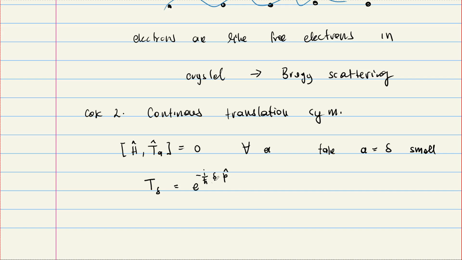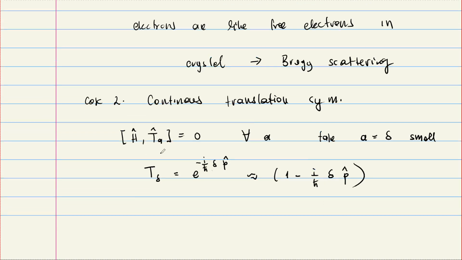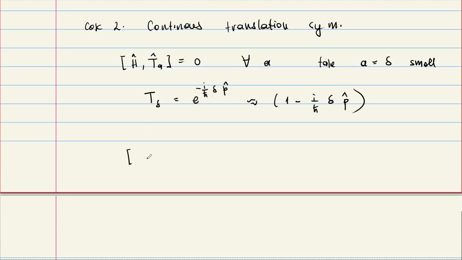But because delta is so small, we don't need the exponent. We can just expand it and take the first order. So this is very closely equal to 1 minus i over h bar delta times p. Now I want to put this in here. So there is H, 1 minus i over h bar delta p, equal to H times 1.